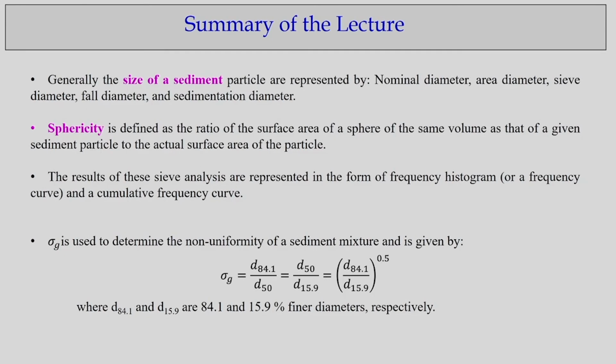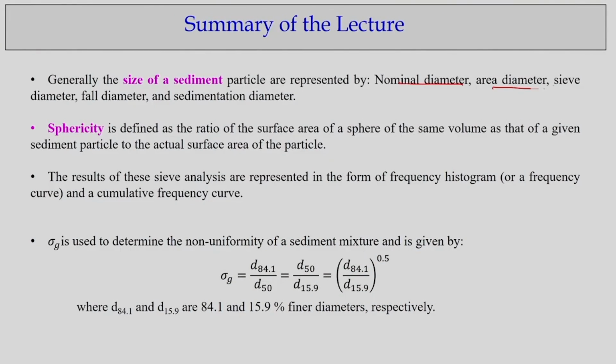With this, I come to the summary of this second lecture. Most of what we have talked about brings in the concepts of nominal diameters, area diameters, sieve diameters, fall diameters and sedimentation diameters. We talked about the frequency curve and the cumulative frequency curve.